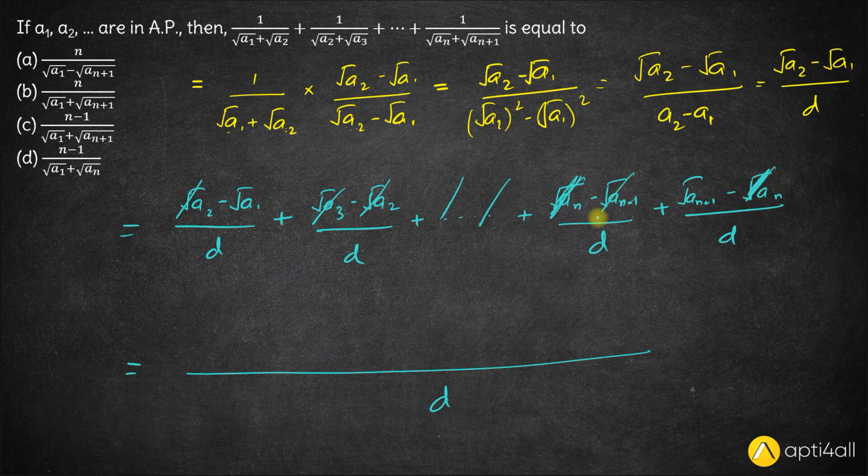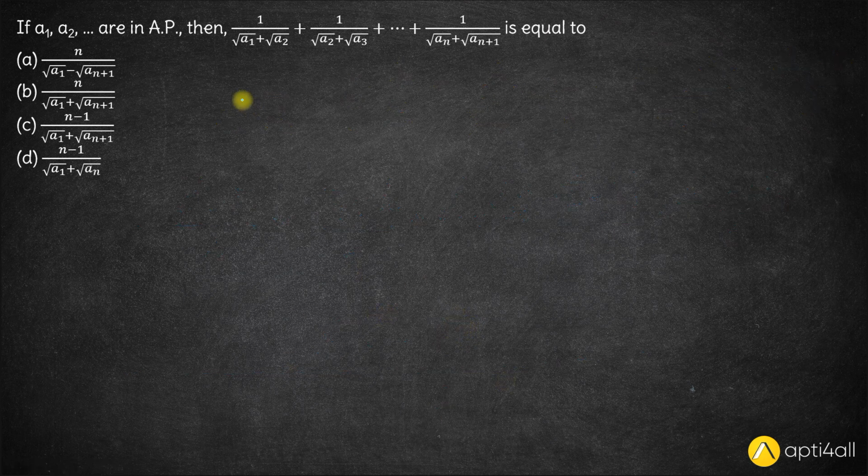So we'll have root of a(n+1) remaining, minus root of a1 remaining over here. Fine, so remember this, I'll rewrite this. We have root of a(n+1) minus root of a1 upon d remaining.